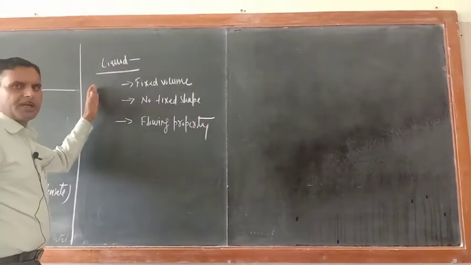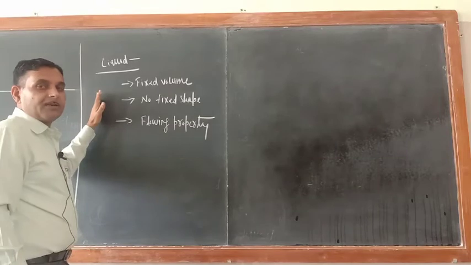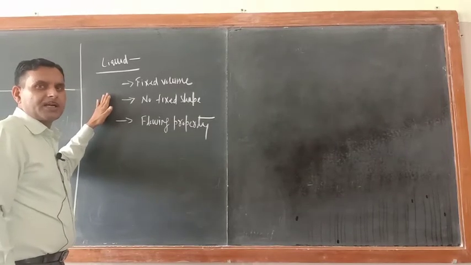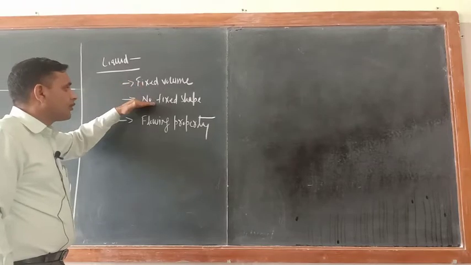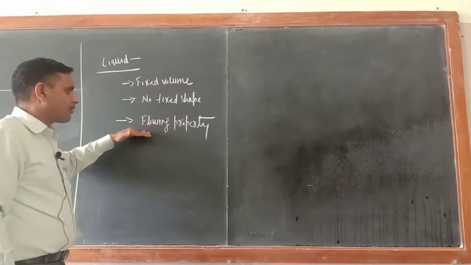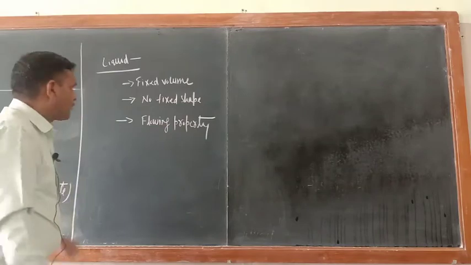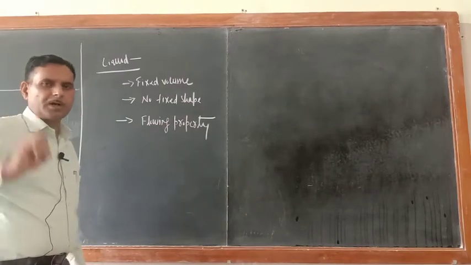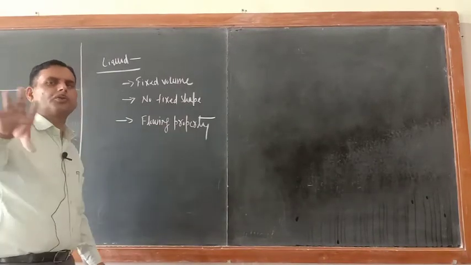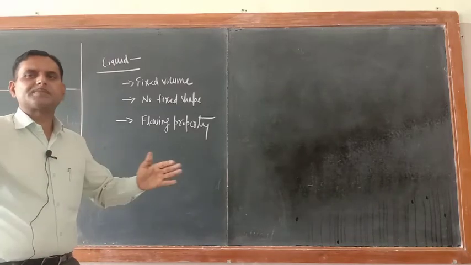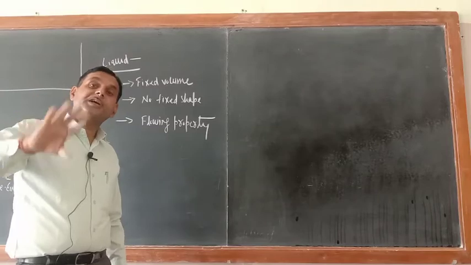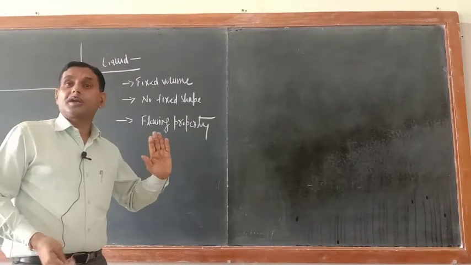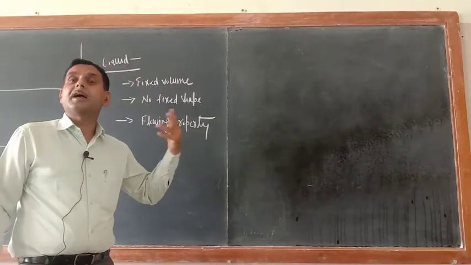What is the liquid? Liquid is nothing but a physical state of matter which has fixed volume but no fixed shape, and they have got the flowing property. Now try to understand what is there in the liquid. There are so many properties. Interparticle spaces are more. Interparticle attractive force is weaker than solid but stronger than gas.